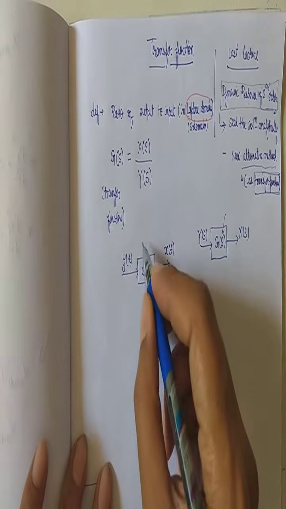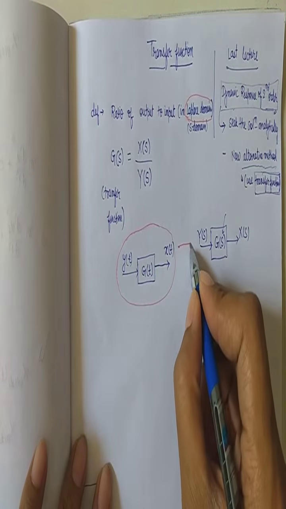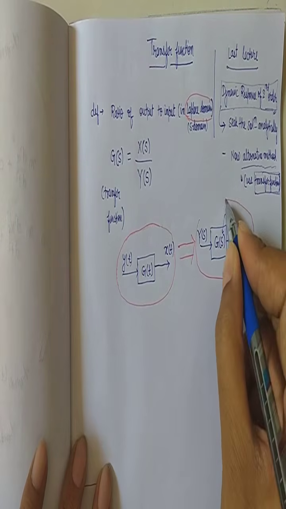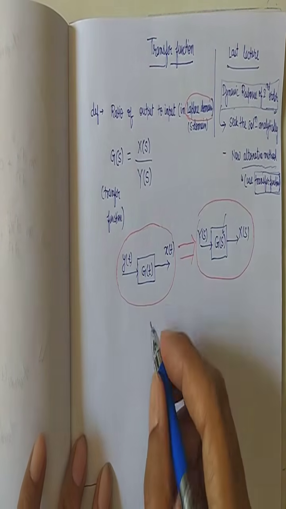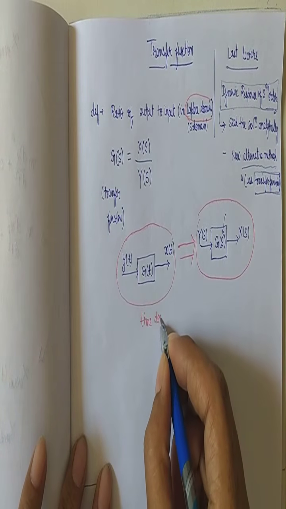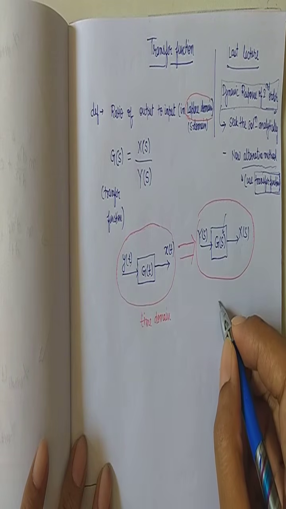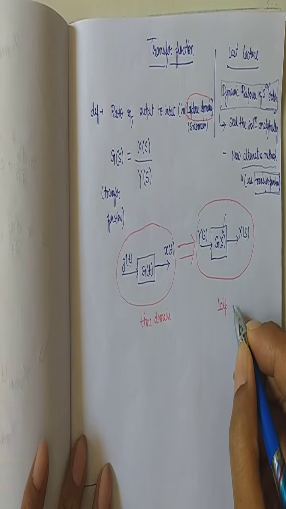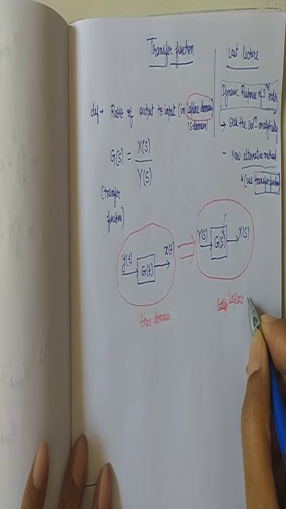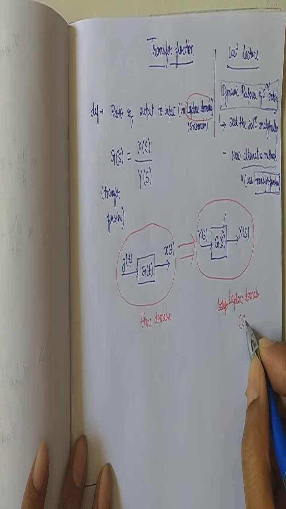Essentially this whole system is being converted to another sort of domain. This is my time domain, and this is my Laplace domain, or sometimes also called S domain.